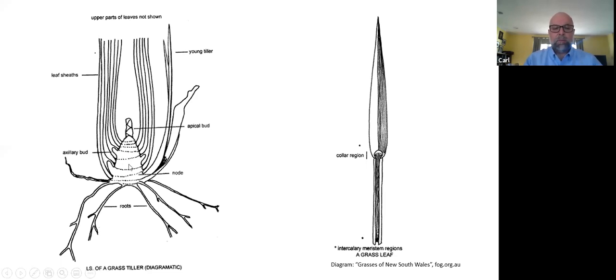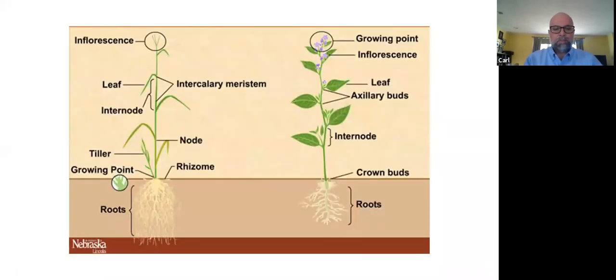And eventually, some point in the growing season, these nodes are going to elongate, the stem is going to elongate, and that growing point is going to start developing into the inflorescence, which is then going to produce your seeds. And that growing point stays at the top. With legumes, the growing point is always going to be at the top of the stem.